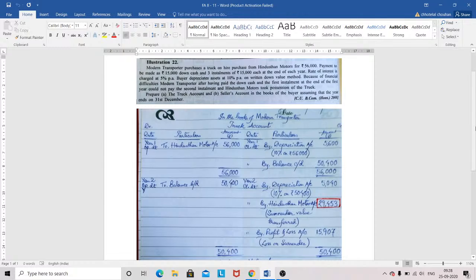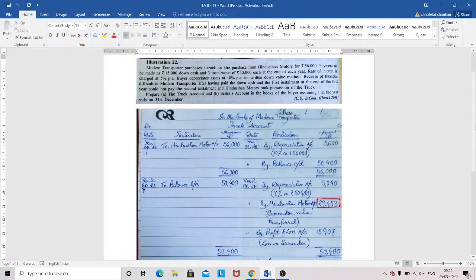Simple. You don't need to memorize anything extra, like separate notes or a separate journal entry for repossession. Not at all. Just understand the concept. Repossession means taking back your asset. There might be two things, complete repossession or partial repossession. I'm not talking about partial repossession in today's class, so concentrate on complete repossession. The journal entry required is just the opposite of the asset purchase.